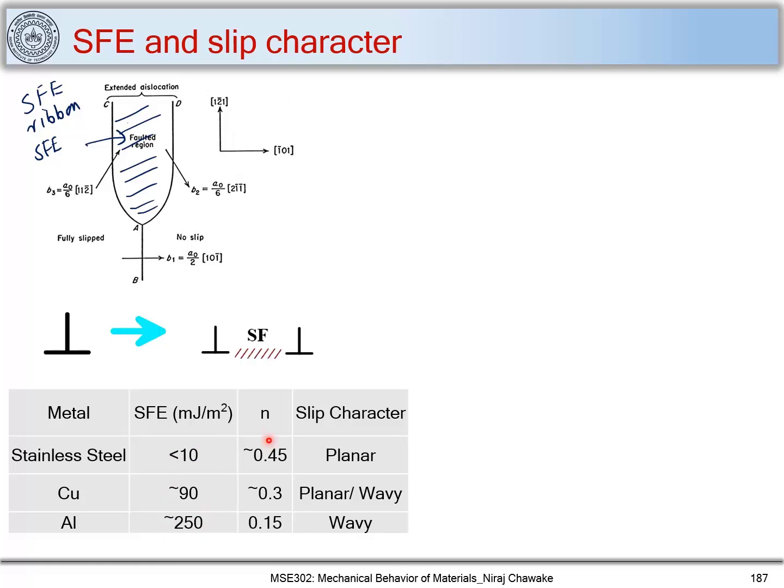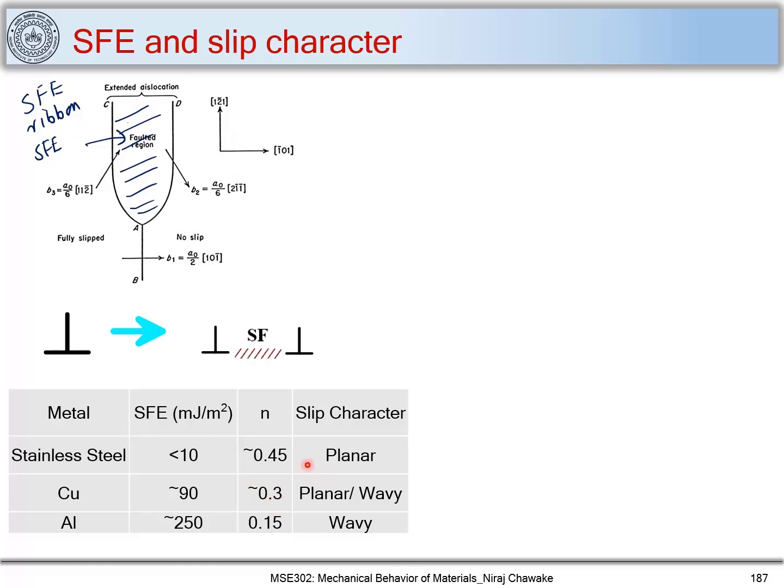When stacking fault energy is lower, the strain hardening will be higher and thus the strain hardening exponent will be higher, here it is 0.45. For aluminium, the strain hardening will be lower, and the strain hardening exponent is 0.5. Whereas for medium stacking fault energy, let's say for copper, the n value is 0.3.